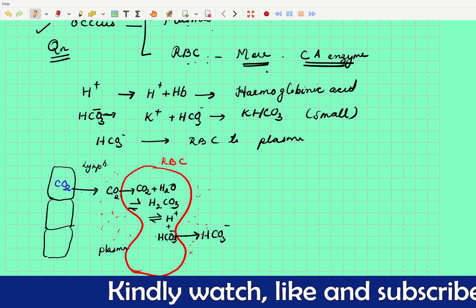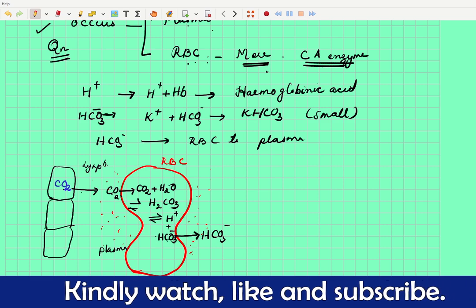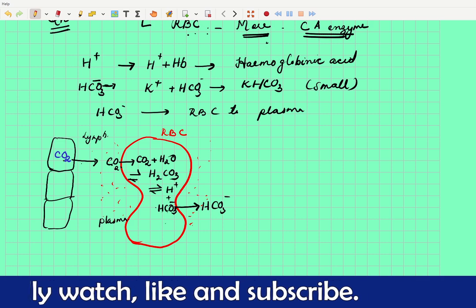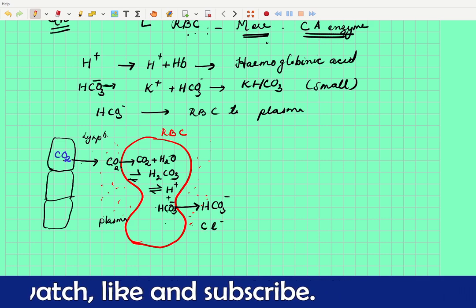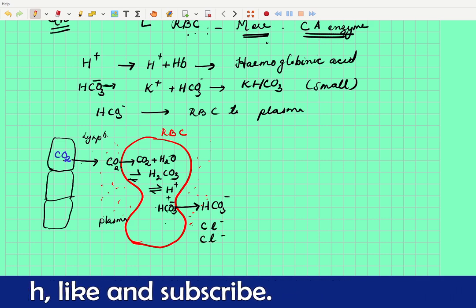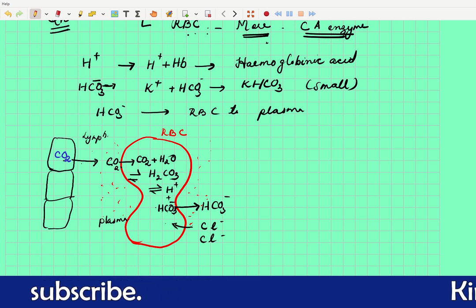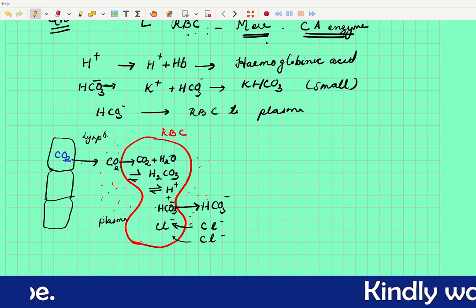For maintaining electrical neutrality, some negative ions should enter inside. So the chloride ions, Cl minus ions, present outside the RBC, that is in the plasma, shift towards the RBC. Okay, so chloride ions will shift into the RBC.